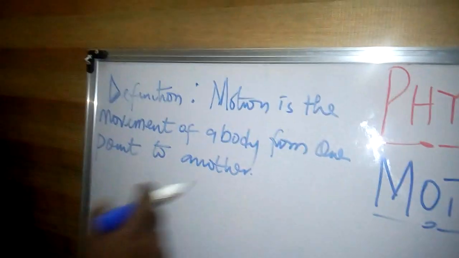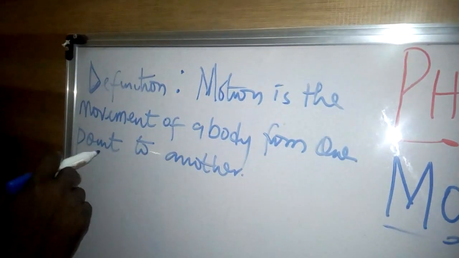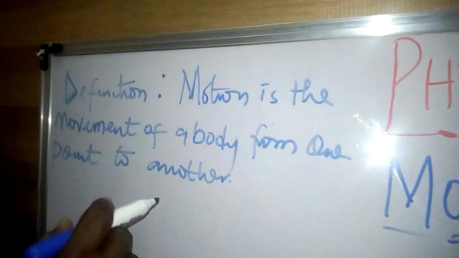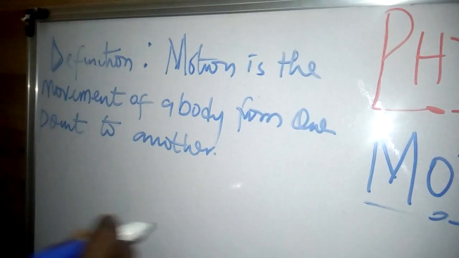Motion is defined as a movement, the movement of a body from one point to another. That is the definition of motion.